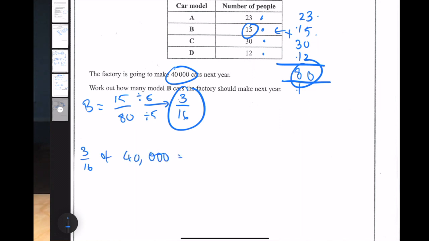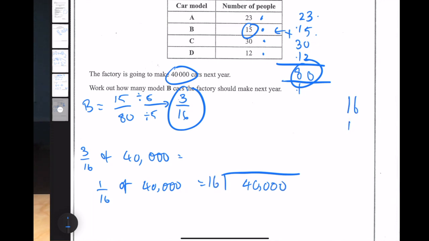So the way we do this, we divide by the bottom and then times by the top. So if you work out 1/16 of 40,000, we do 40,000 and we divide it by 16. So we'll do our 16 times tables, 16, 32, 48. 16 into 40 then is 2 of them, and there's a remainder of 8. 16 into 80 I know is 5, and then I've got 2 zeros left over.